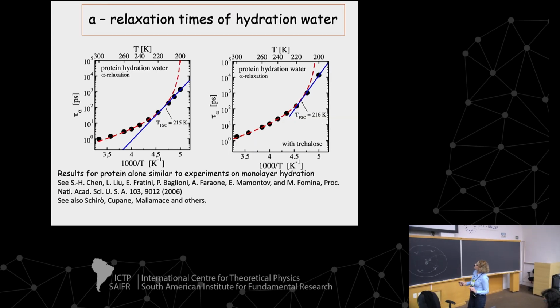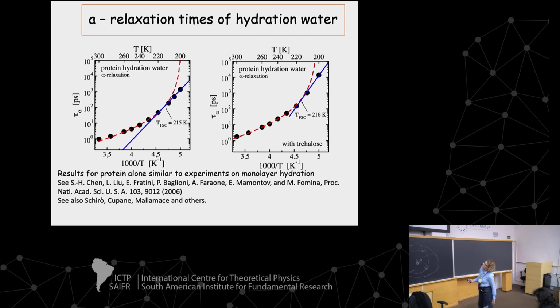So, alpha relaxation, so this first tau alpha. This first tau alpha has a fragile to strong transition, and this is with the system without trehalose, and this is the system with trehalose. And surprise, surprise, there is not this much difference between the two. They look very similar.